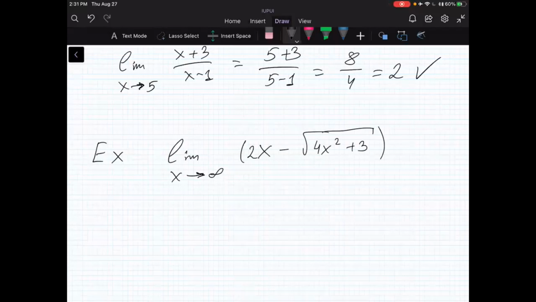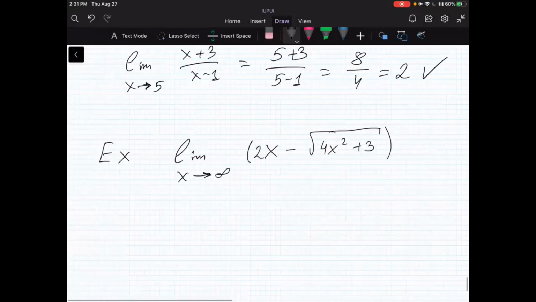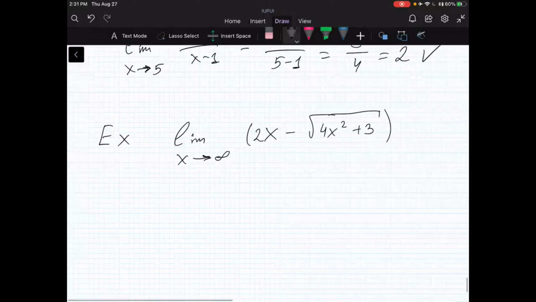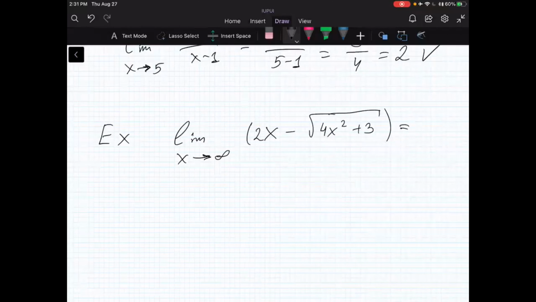Then, again, if you just try to plug it in, you get infinity minus infinity, so nothing very interesting, and you cannot say anything about that. But we haven't discussed how to treat the irrationality. The way to do that is to multiply by the conjugate expression.